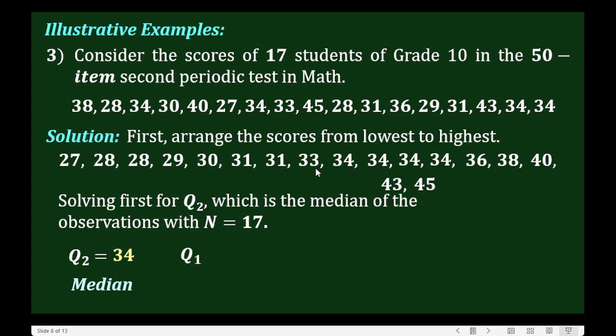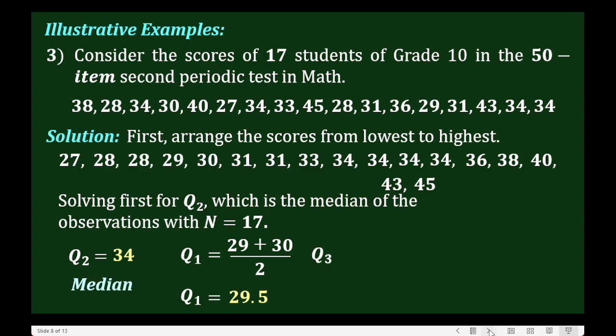And we know 8, the number 8 is even. So to get the lower quartile, we get the average of the fourth and the fifth position. So that is your Q sub 1 equals 29 plus 30 divided by 2. And we have 29.5 as your lower quartile.